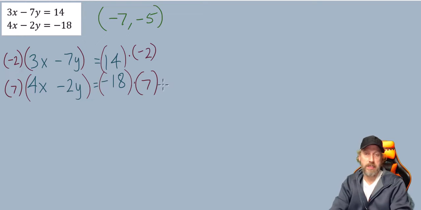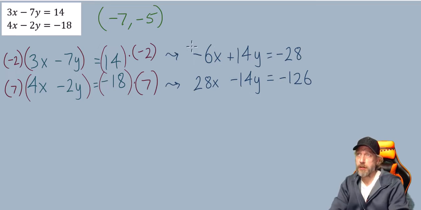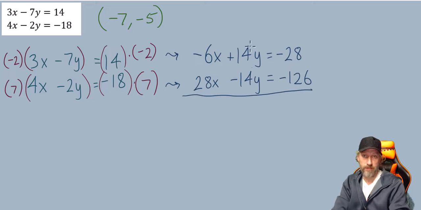That's where I'm hoping to see those opposite coefficients. Doing those multiplications took me to negative 6x plus 14y equals negative 28. And for the bottom equation, 28x minus 14y equals negative 126. The y terms look good, being opposite coefficients, so those will zero out.